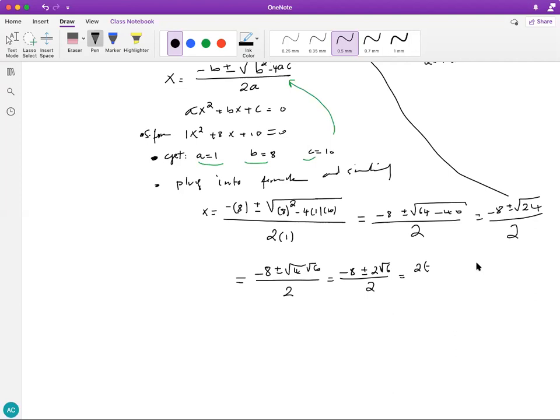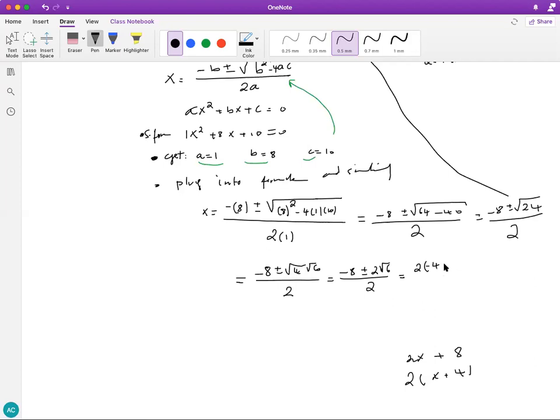Remember factoring, like we did 2x plus whatever, 8, for example. If you factor 2 out, what do you get? Divide by 2: x plus 4. Because 2 is a common factor, we move it to the front. Same thing.